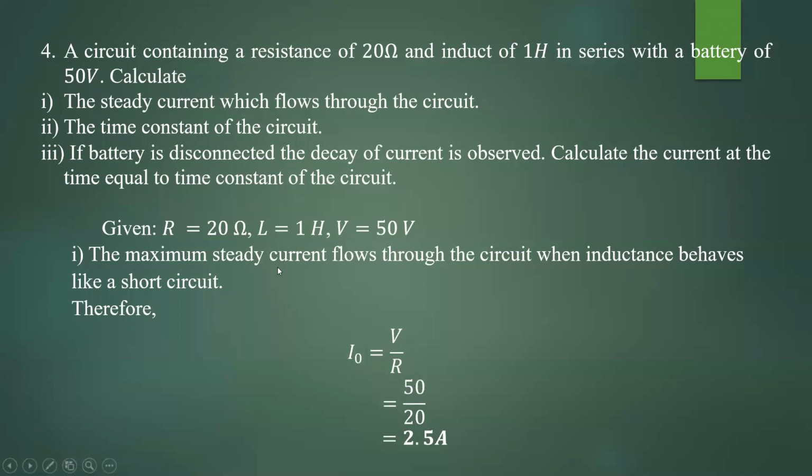What is the expression for the time constant in a series RL circuit? What is the formula for time constant in series RL circuit? T is equal to L by R.